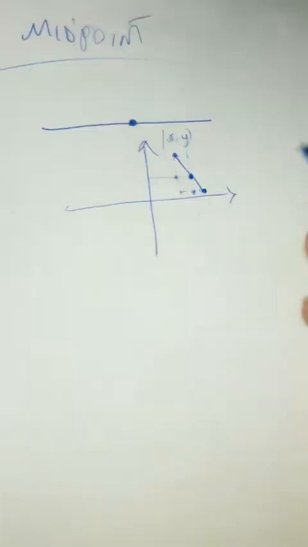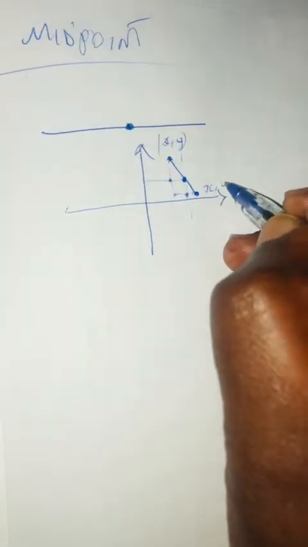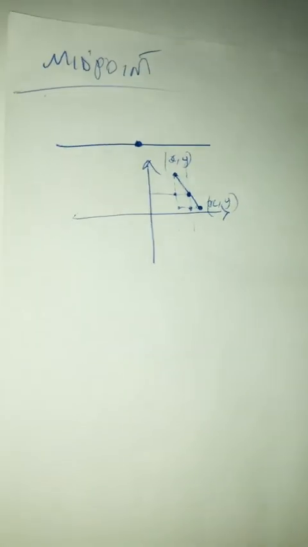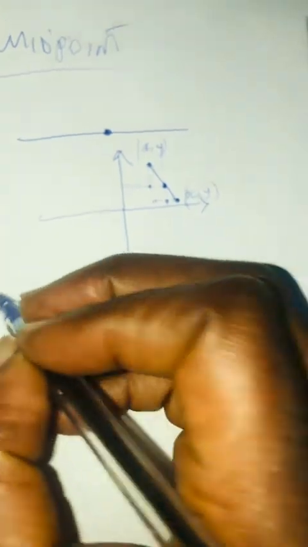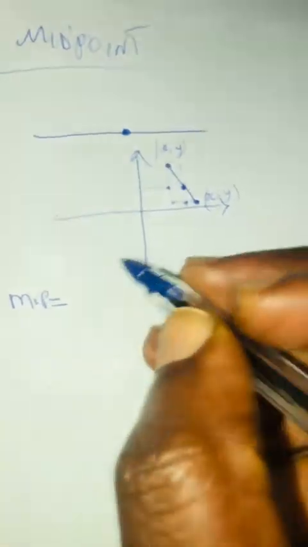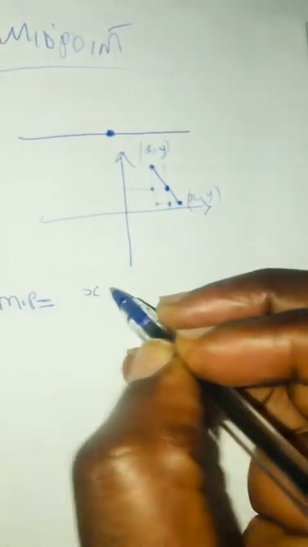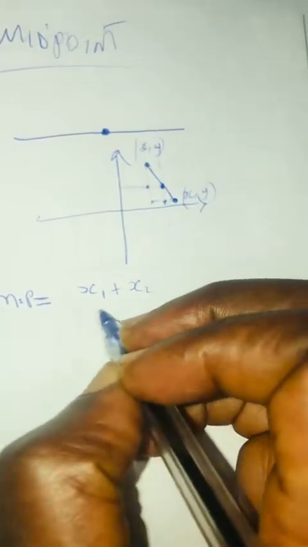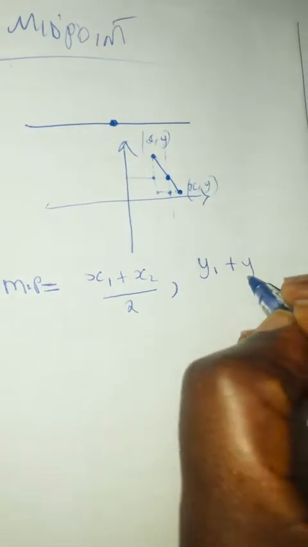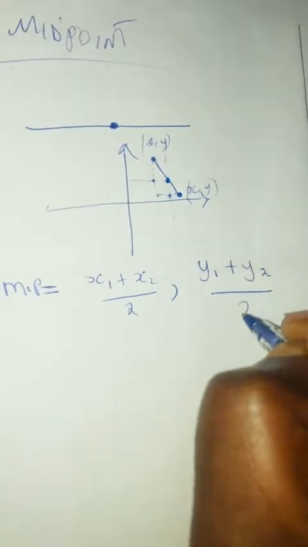Now if I have coordinates, again we can use these coordinates to calculate the midpoint of the straight line. The formula for that is midpoint equals ((x1 plus x2) over 2, comma (y1 plus y2) over 2).